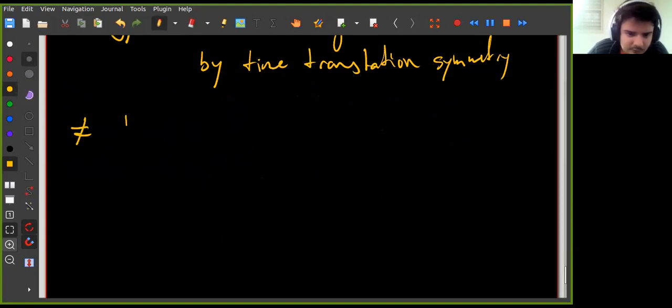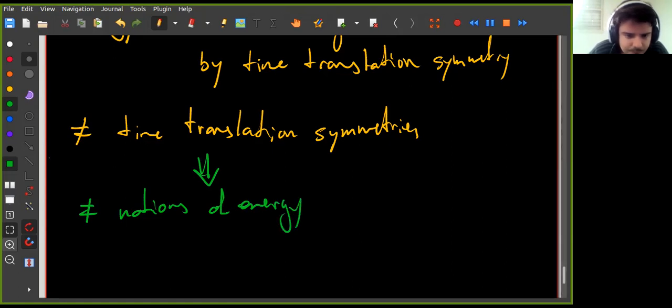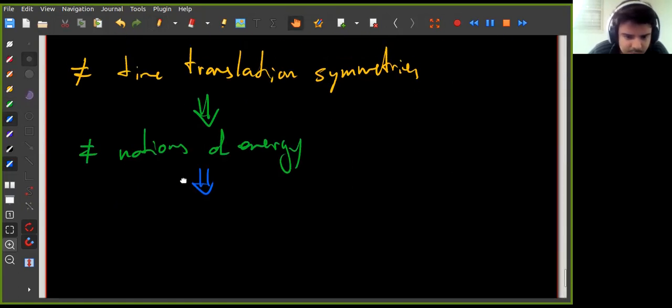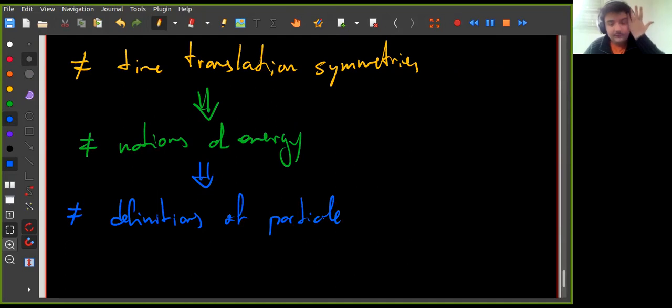If I have different time translation symmetries, such as inertial and accelerating, then this implies different notions of energy and hence different definitions of particle. We'll see this in more detail in the next class.